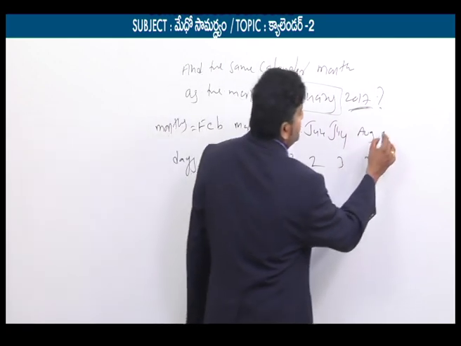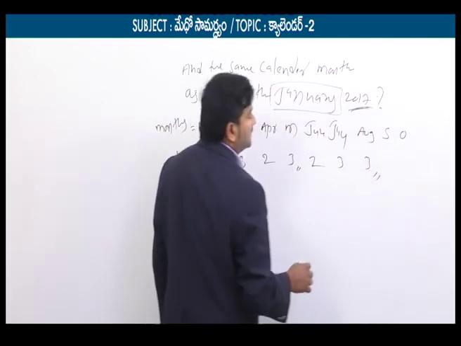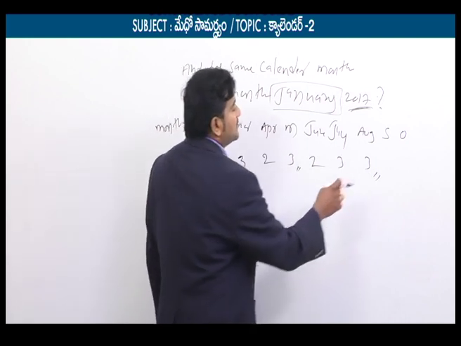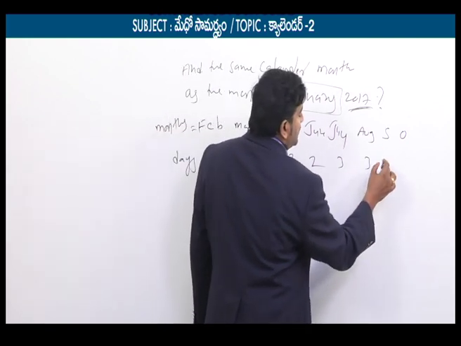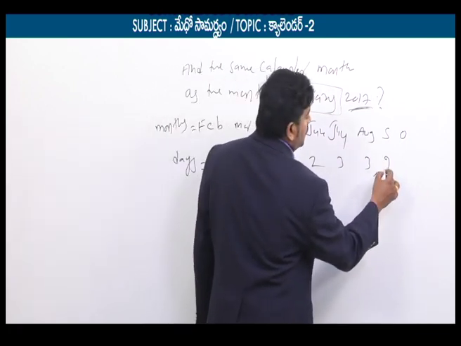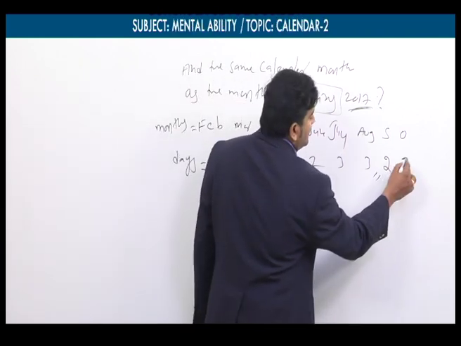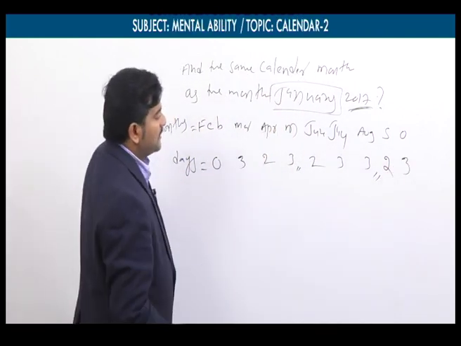That's why September and October, let's see like this. September month code is how much? September month is having 30 days, that's why here we are having only 2 odd days. Whereas October is having 31 days, that's why here we are having 3 odd days. Now you can add all these.